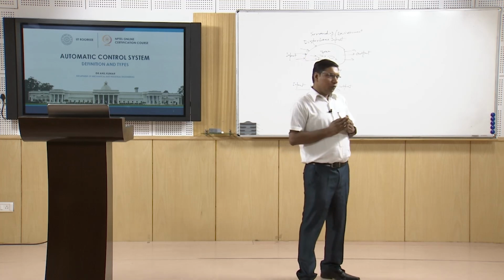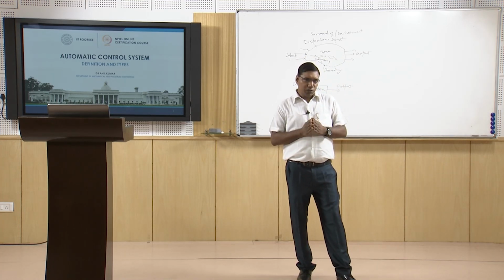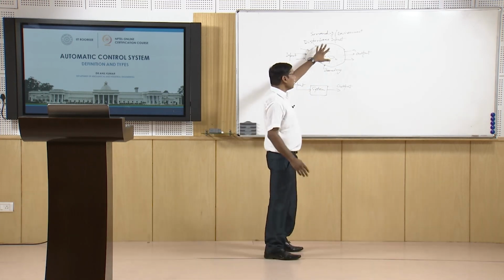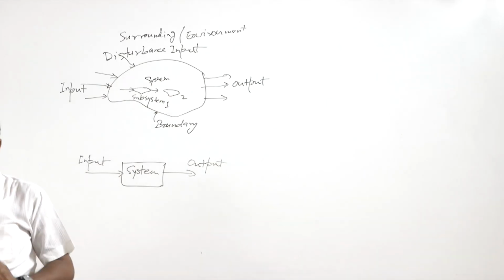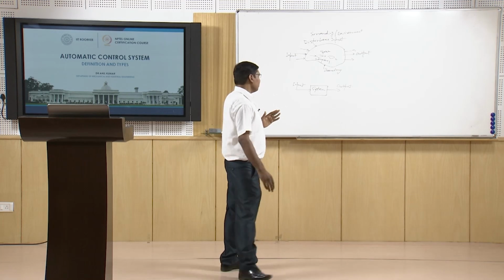But what happens, we are going to give certain input to get some desired output, but we saw that any system can interact with the surrounding or environment and it can get some disturbance input.